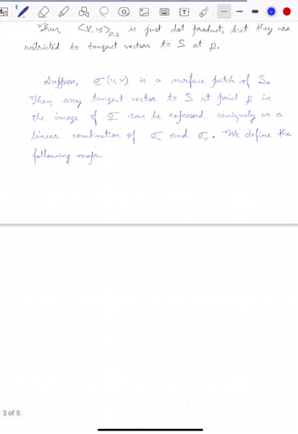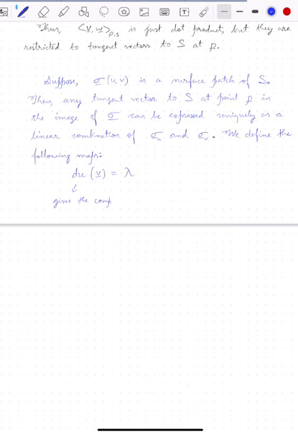The map du, if it takes any vector v, gives us the component of that vector along sigma u.